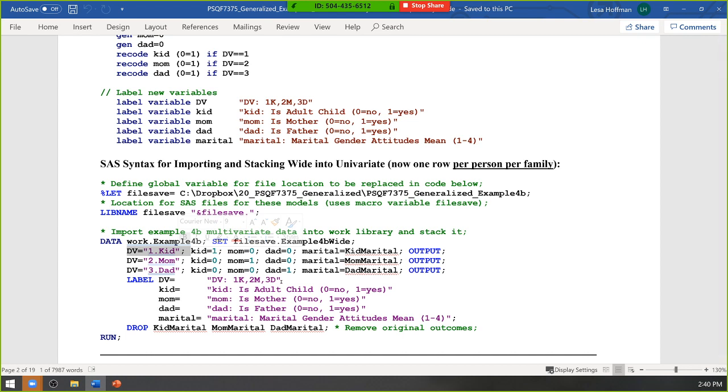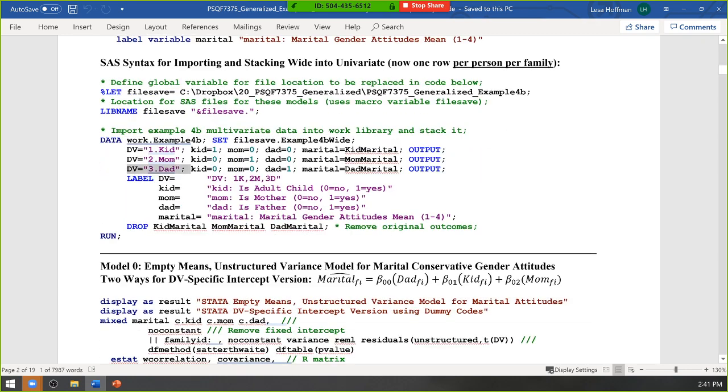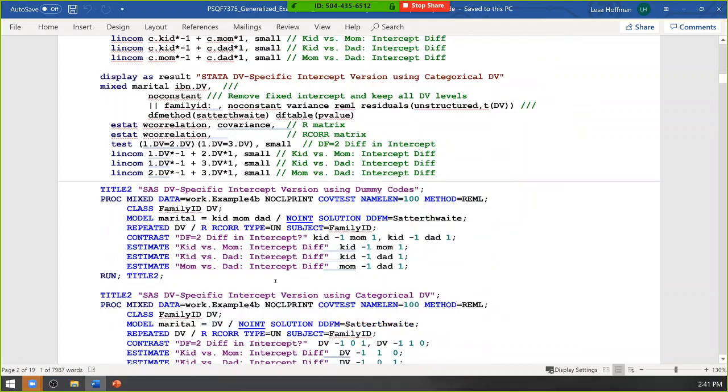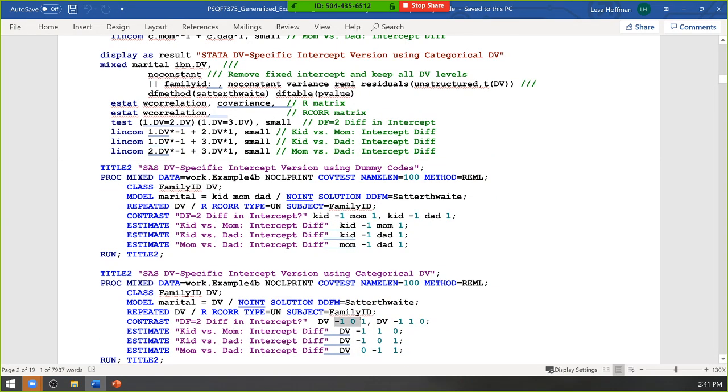So when I put DV on the class statement, the highest alphabetically is the reference if I have a general intercept. Otherwise, they go in the order in which DV is in here. So 1, 2, 3 is kid, mom, dad because that's what it is in the DV variable as I set it up. So that means when I refer to it, the order of the values is kid, mom, dad.